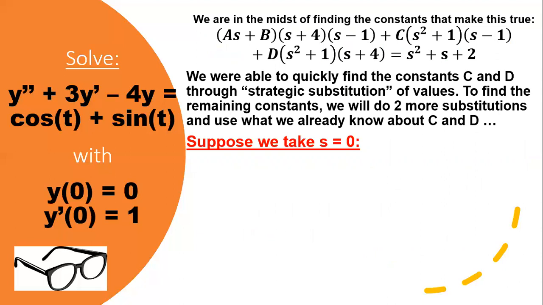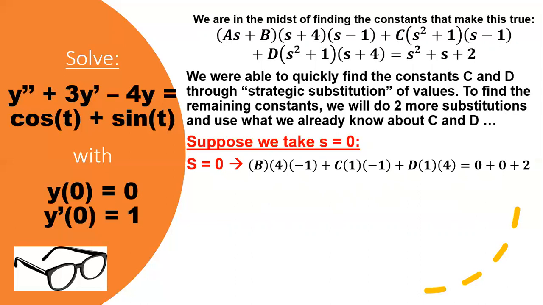For example, if we take s equal to 0, taking s equal to 0 on the left-hand side will then dictate that b times 4 times minus 1 plus c times 1 times minus 1 plus d times 1 times 4 must equal 2. And that gives us a very simple linear equation involving just b, c, and d. There's no a in that equation.